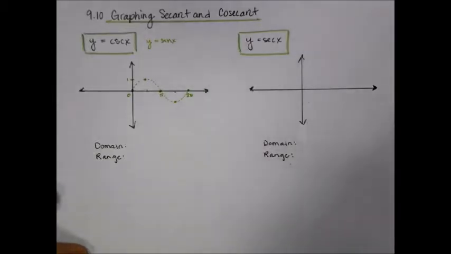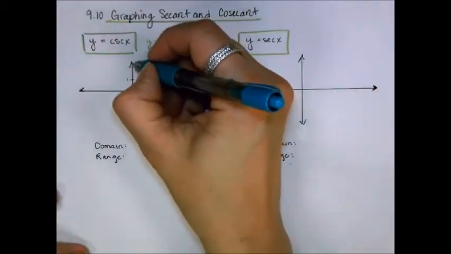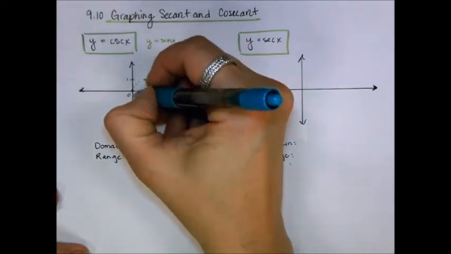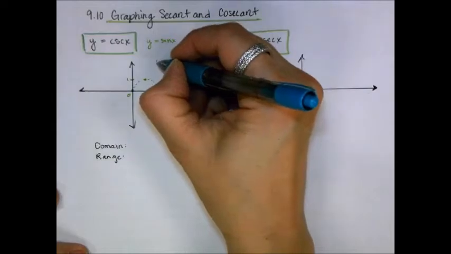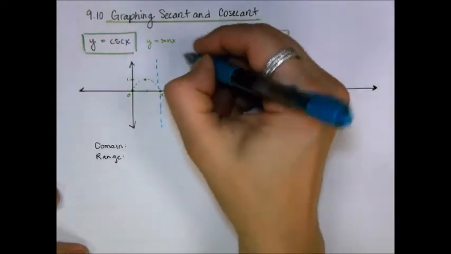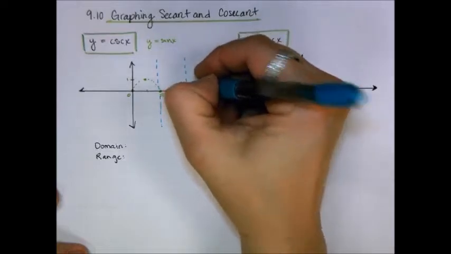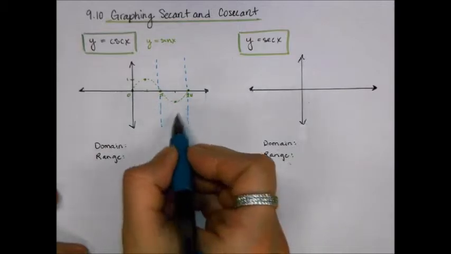So for undefined values, we want to have vertical asymptotes. So that would give you a vertical asymptote here along the y-axis. Another one here when x is pi, and again at 2 pi. So you can see they're spread apart pi units.